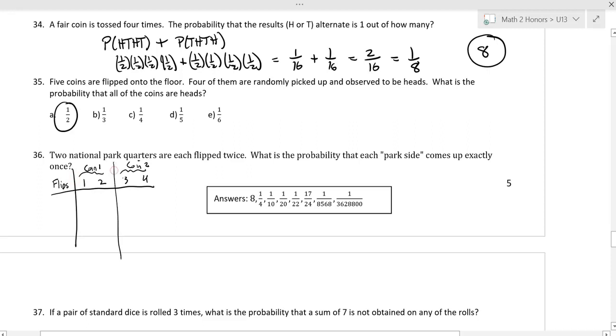And what they want here is, if I get heads on the first flip, I need to get tails on the second. Or if I get tails on the first flip, I have to get heads on the second. Same with coin 2. So if I get heads here, I have to get tails here. Or if I get tails on the third, I have to get heads on the fourth.